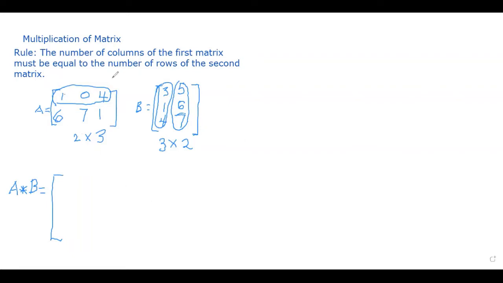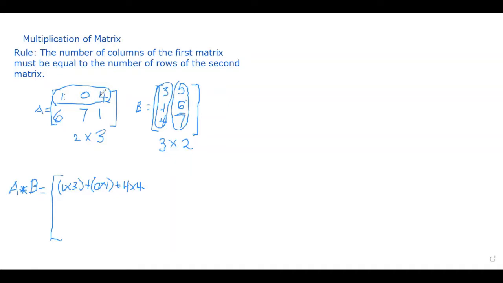So here, 1 will multiply 3, 0 will multiply 1, 4 will multiply 4. Plus, the same 1 will multiply 5, the same 0 will multiply 6, 4 will multiply 7. So let's do that. You bring your bracket: 1 by 3, plus 0 by 1, plus 4 by 4.